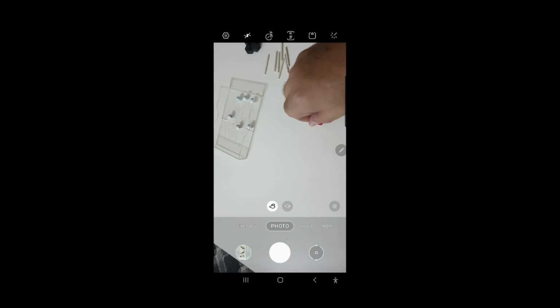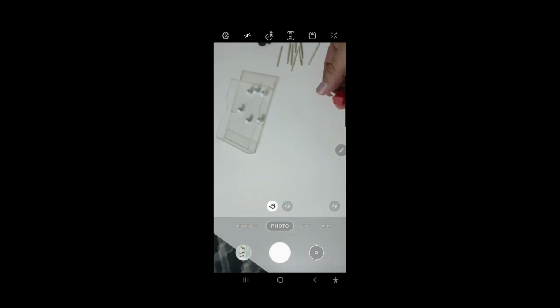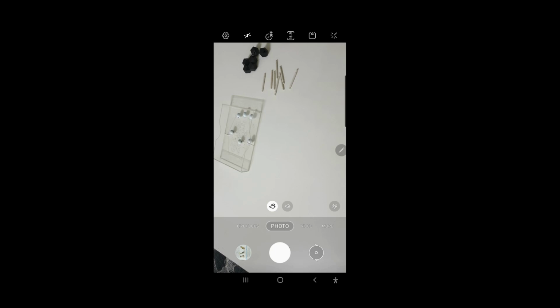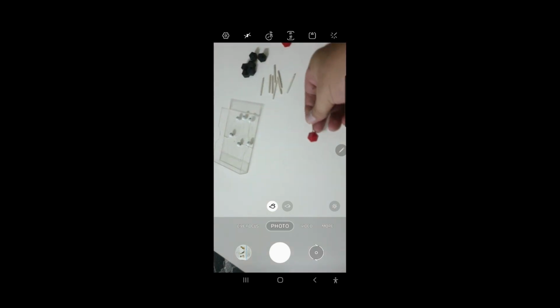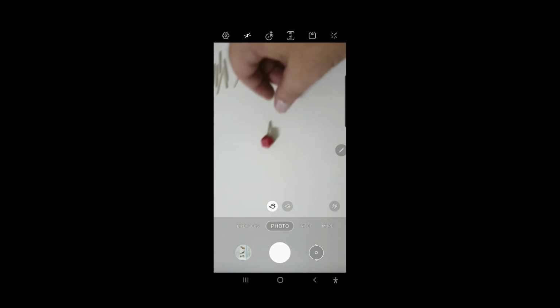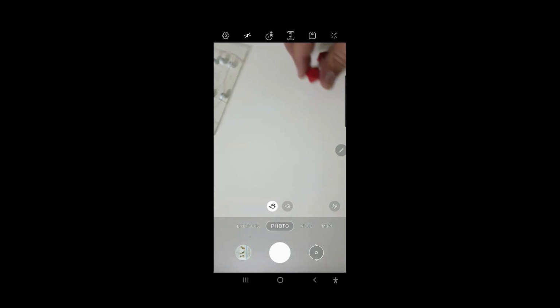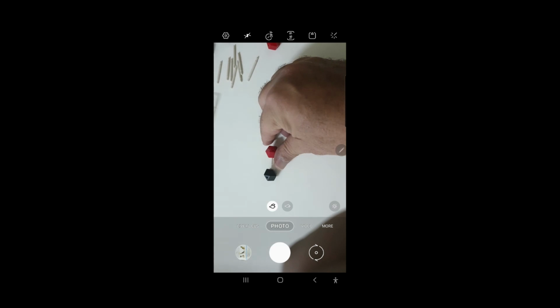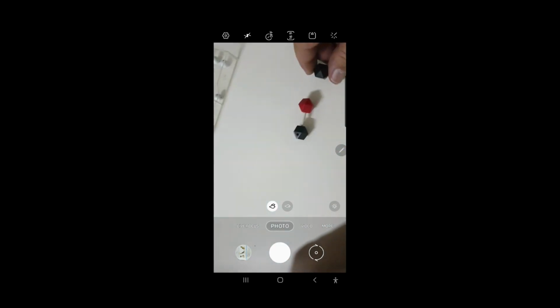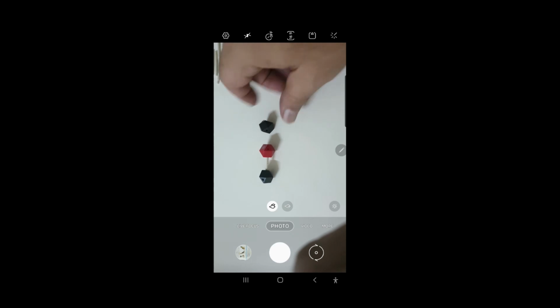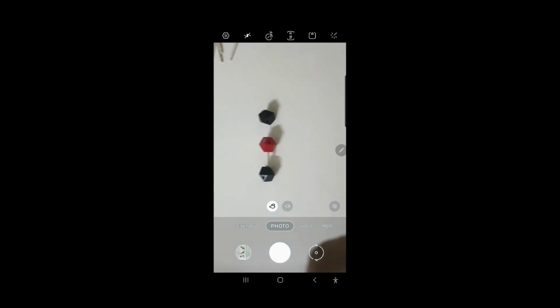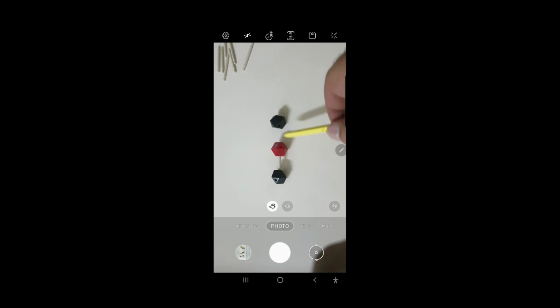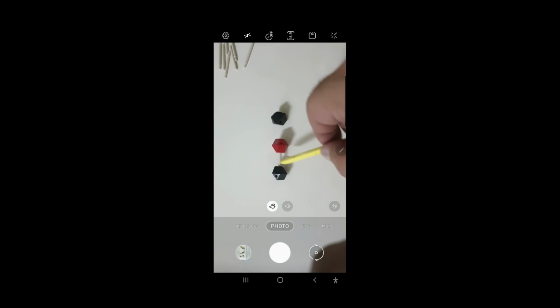So this central atom will be bonded here to another atom, and the second one will be at this side. So this shape, as you can see, is a linear shape, and the angle between the arrows is 180.